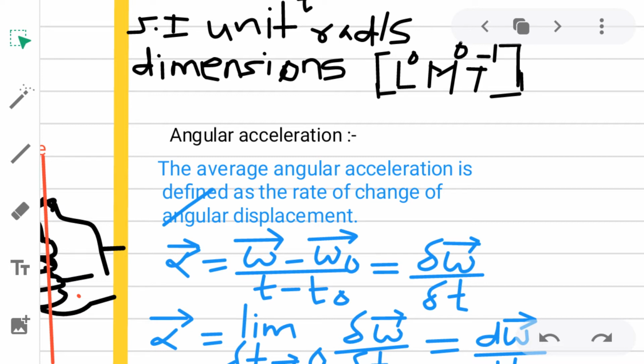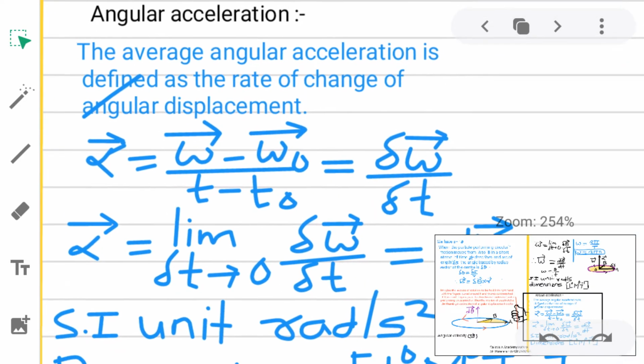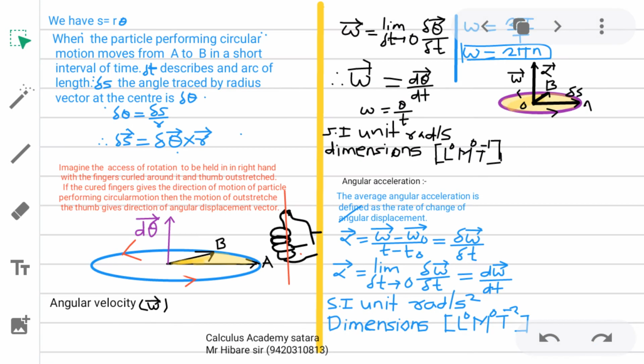Alpha is equal to omega minus omega 0 upon t minus t0, where omega 0 is the initial velocity and omega is the final velocity, that is delta omega upon delta t. Then alpha is equal to d omega by dt, the derivative of omega with respect to t. What is the SI unit? Radian per second square, and dimensions are L0, M0, T raised to -2. See here, angular displacement, angular velocity, and angular acceleration.